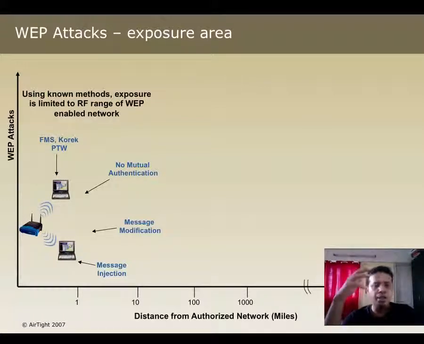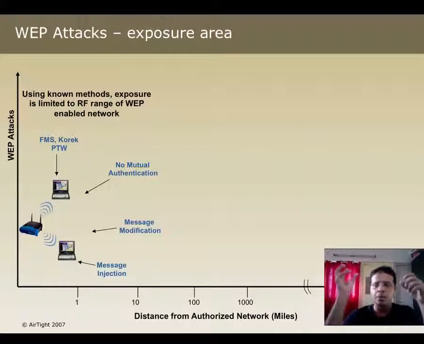What do I mean by that? Well, you have an access point and you have various clients, right? And the graph here is distance from the authorized network and various WEP attacks which are applicable. Now, most WEP attacks were all primarily concerned with being within the range of the RF network of the access point.